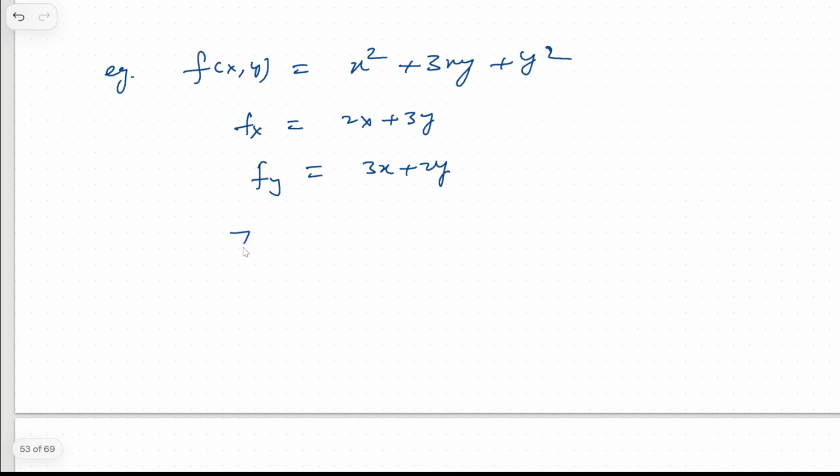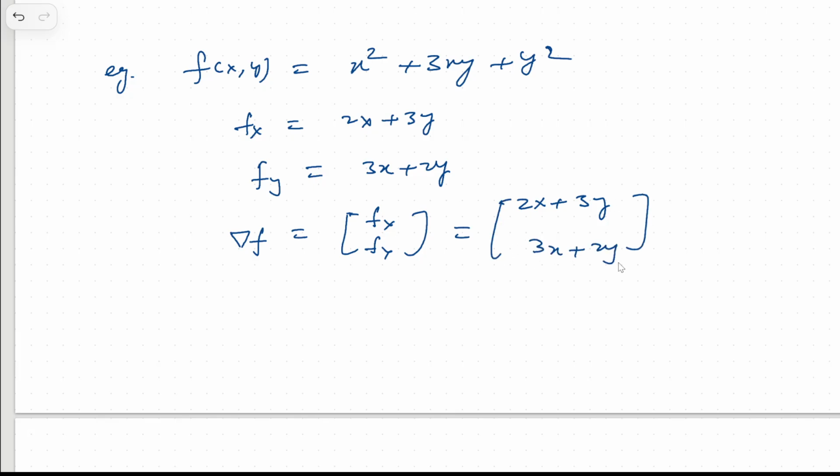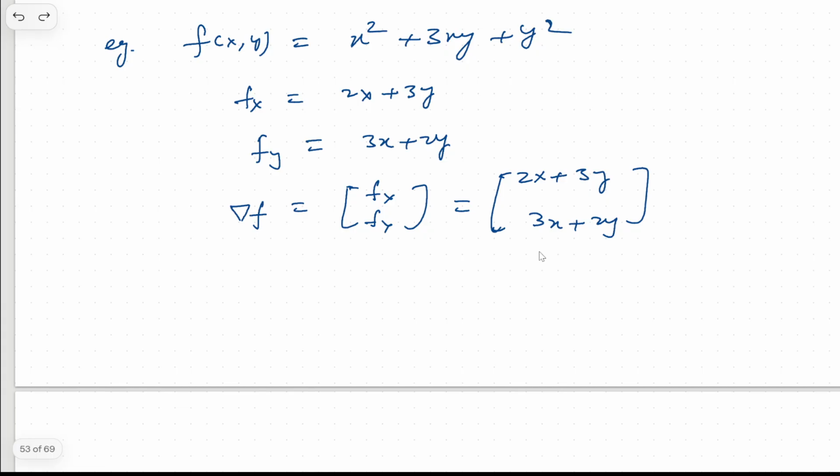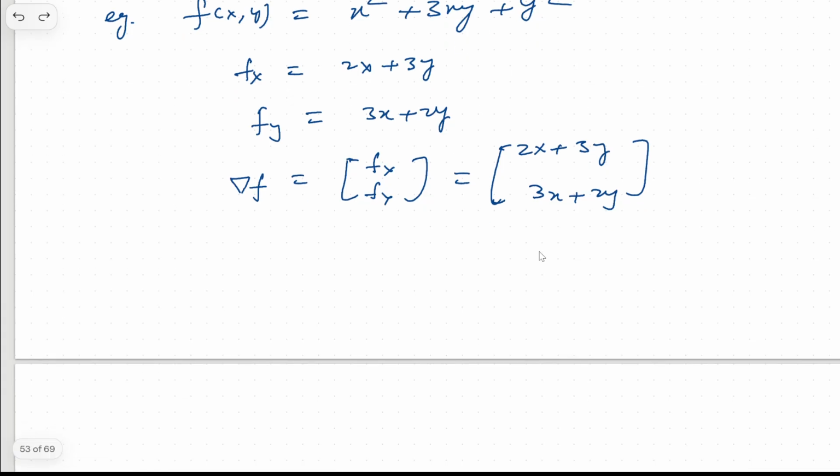And then the gradient vector will become, in matrix form, first fx and then fy, right? So this will become 2x plus 3y and then 3x plus 2y. We write it in matrix form since we have more than one variable. We can use this in different forms. When we write in vector form, then we can do vector multiplication, cross products and dot products, everything we can apply here.